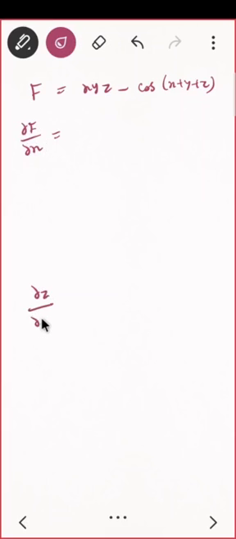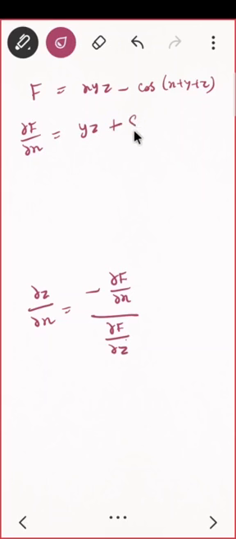The formula for ∂z/∂x is minus of ∂F/∂x divided by ∂F/∂z, correct? So you want ∂F/∂x. What is ∂F/∂x? That is yz, partial derivative with respect to x only. You don't have to see anything else. So here it will be minus cos, so this will be plus sine.